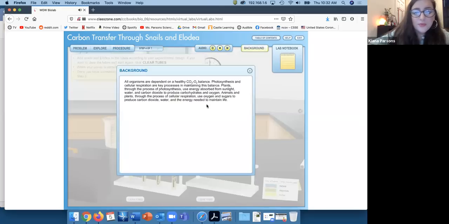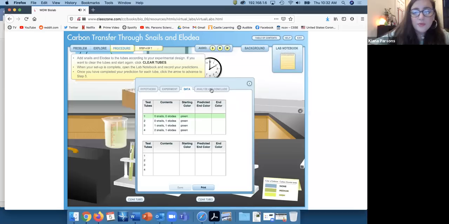So you can see here, this is what we just set up, and now let's make our predictions. So in the first test tube, there's 0 snails, there's 0 elodea. So I'm going to predict that it's going to stay green because there's nothing in there that's modifying the level of carbon dioxide. But now this second test tube has 0 snails and 1 elodea.